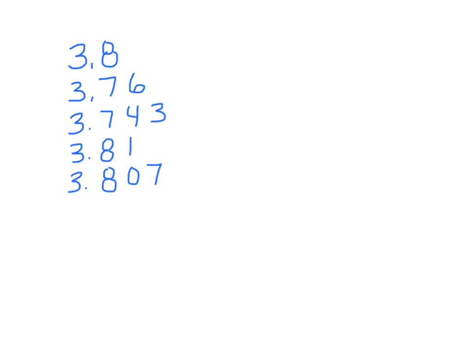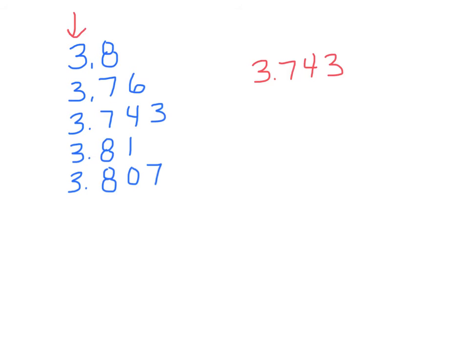Okay, hopefully you had a chance to put the numbers in order from least to greatest. As I take a look at all these numbers, the smallest number that is here is the 3.743. And the reason for that is because all the numbers have the whole number of 3. So the next thing I'm going to do is take a look at the tenths place.